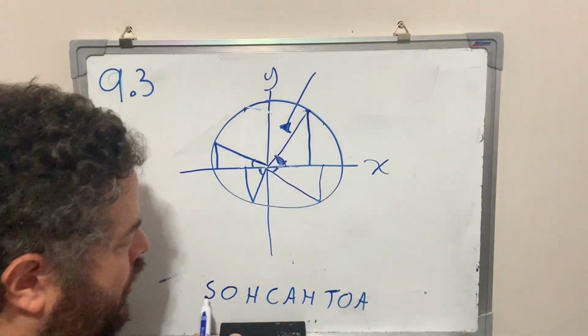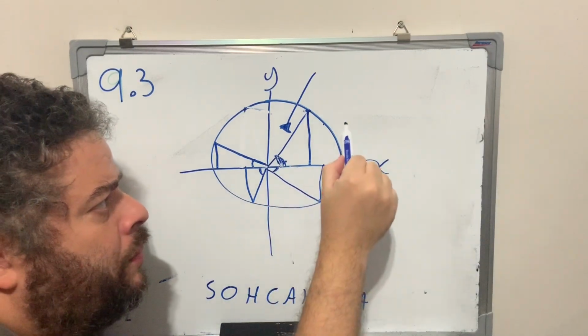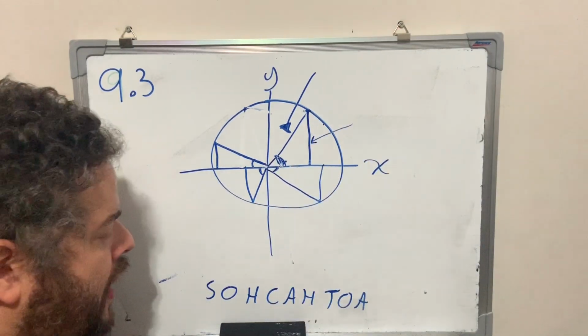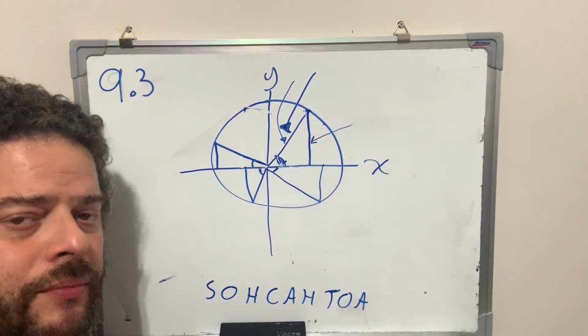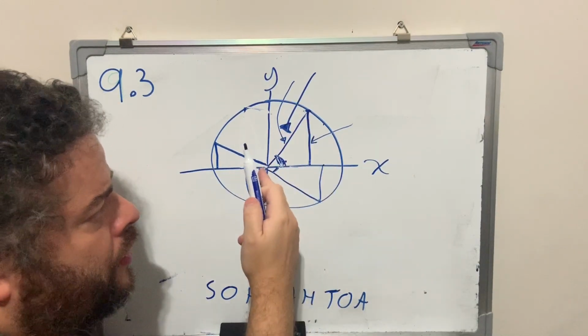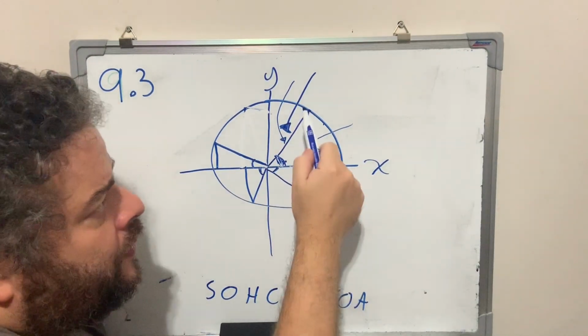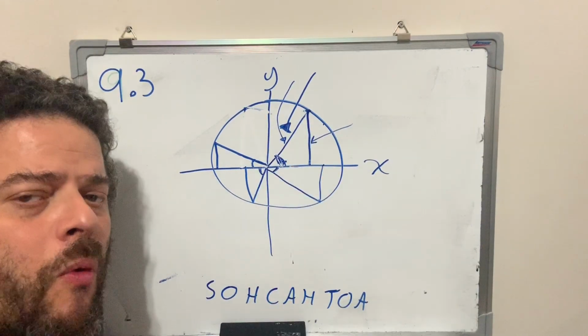If I were to use sine of this angle, sine would be opposite divided by hypotenuse. Yes or no? So when we look at the picture, the opposite value is actually the y value of the coordinate.